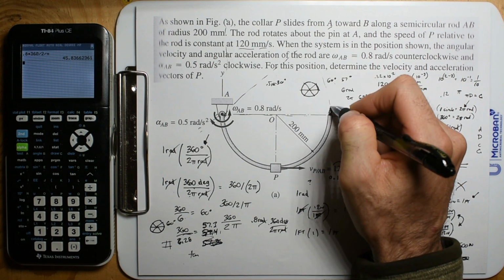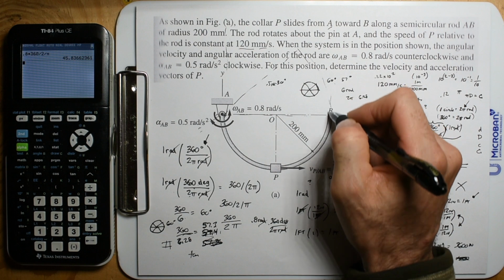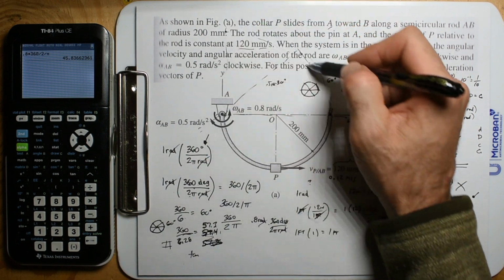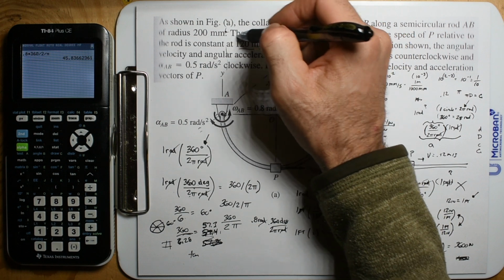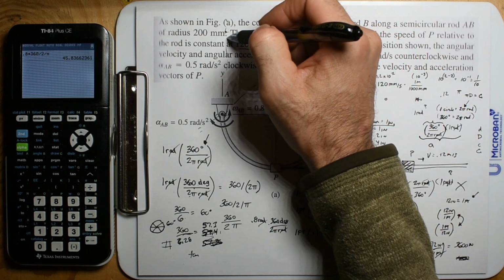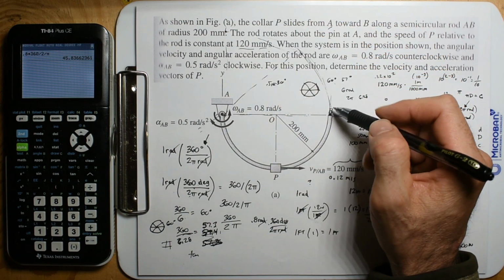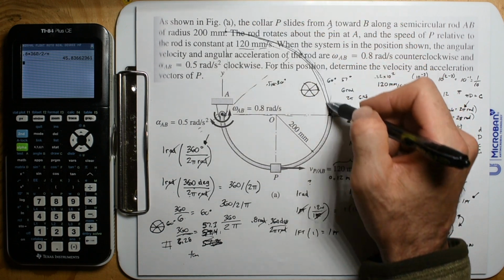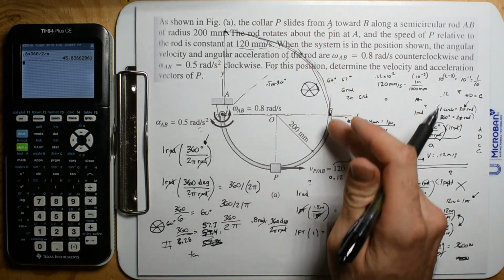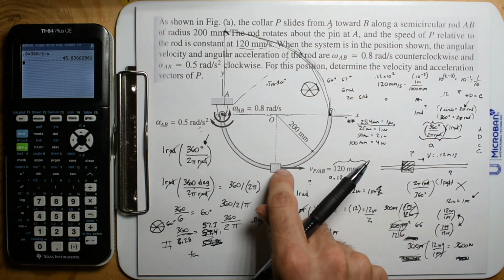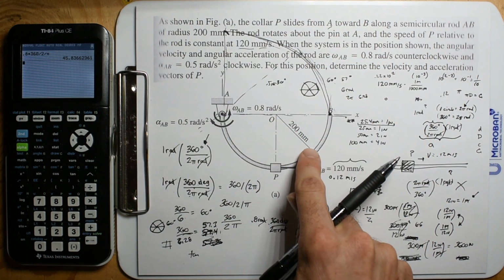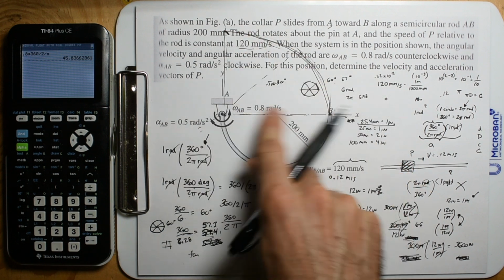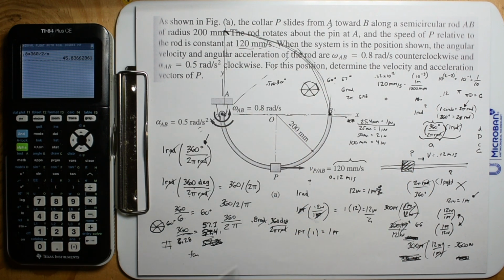This point will travel along this circle. I just want to draw this in because this circle is bigger than this circle. This circle just has a diameter of 200. This circle has a diameter of 400 millimeters.